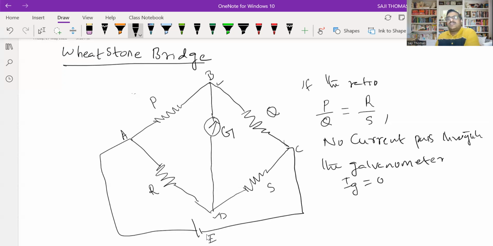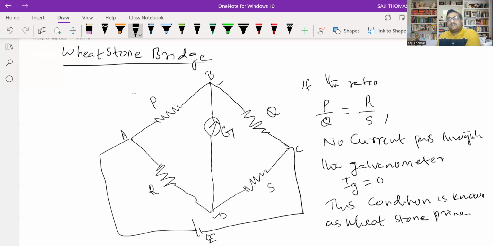This condition is known as Wheatstone principle. This arrangement is known as Wheatstone bridge.